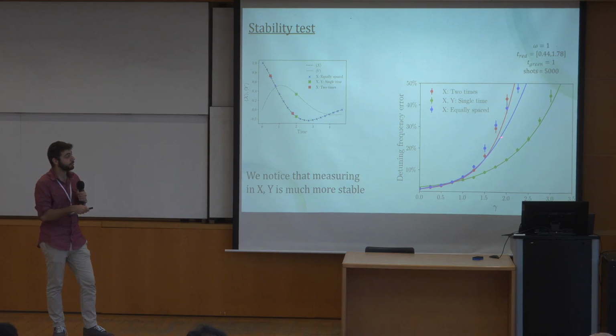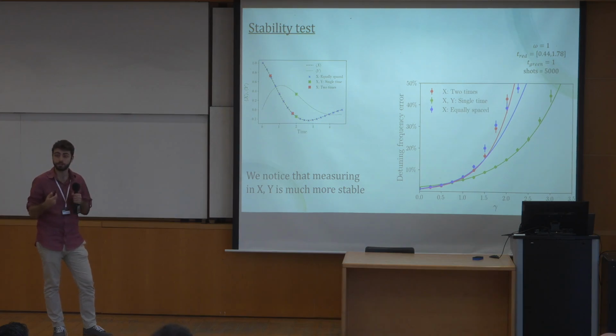It goes up much more slowly. What I also show here is that the dots are the error calculated from a simulation, and the lines are the Cramér-Rao bound that corresponds to this method. And we see that they actually follow this trend. It sits nicely on the graph.